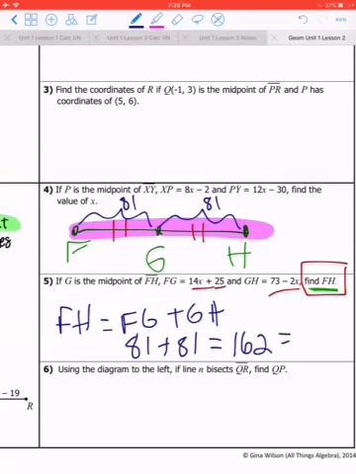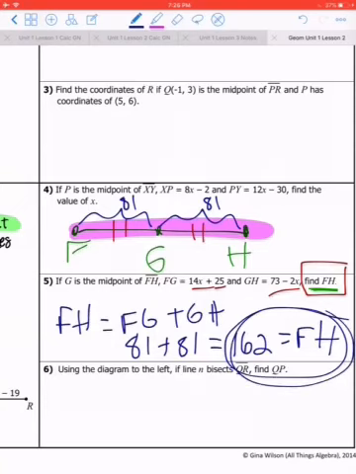Okay, and that is FG, or FH, excuse me. That's our answer. So don't just stop at x. If you said 4, that would be wrong, and I guarantee you if that was multiple choice, that would be a trick answer.